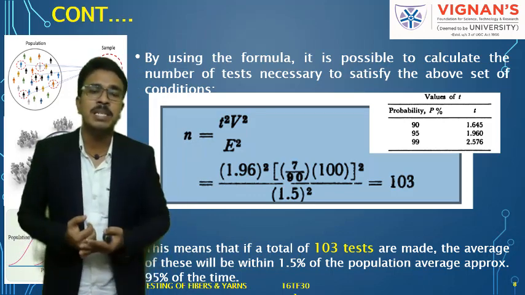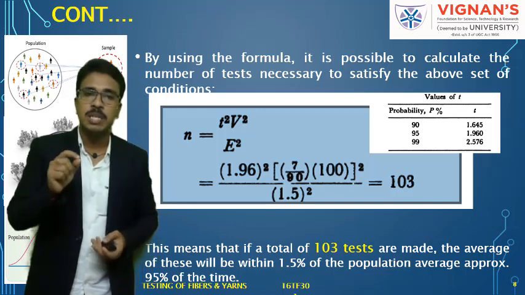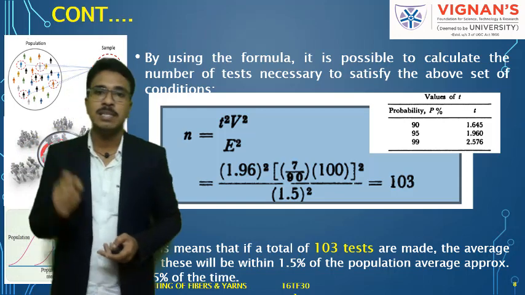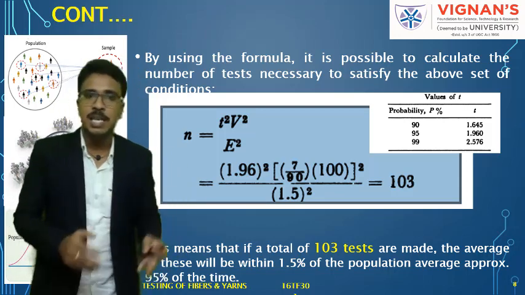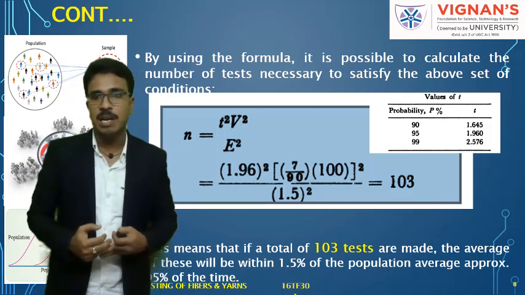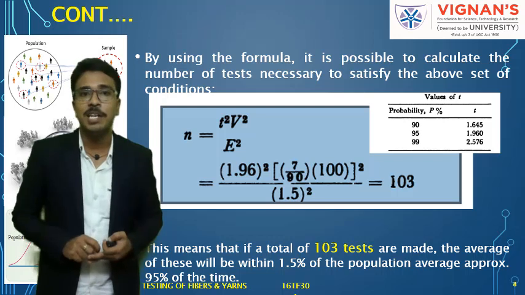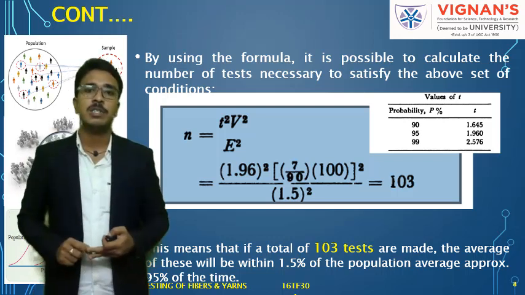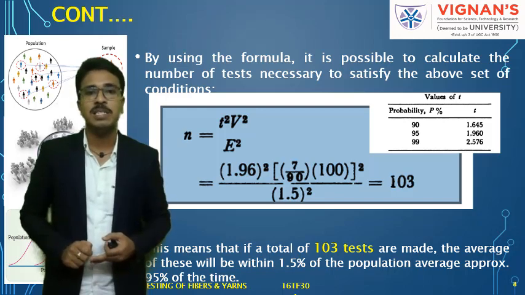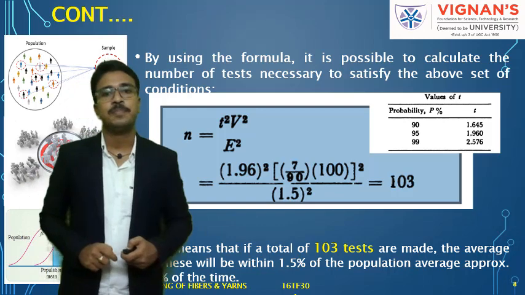So what do we mean by this number 103? That means if you make 103 tests, the average of these will be within 1.5 percentage of the population average, approximately 95 percentage of the time.